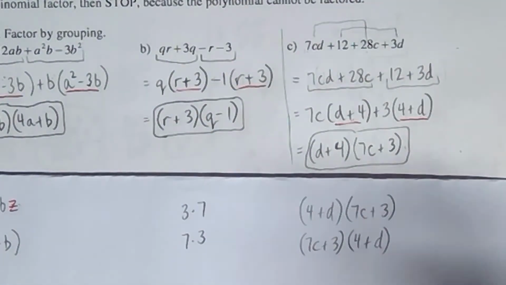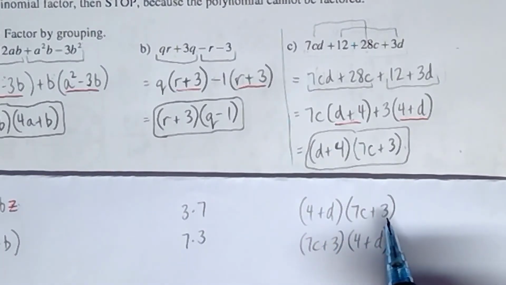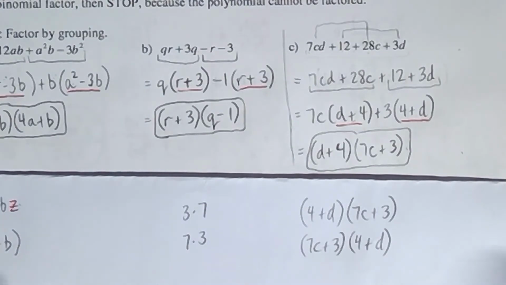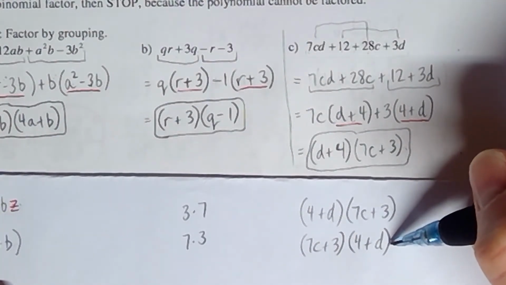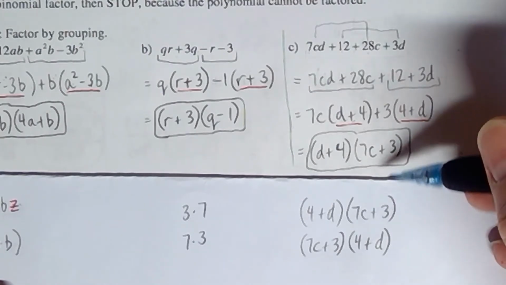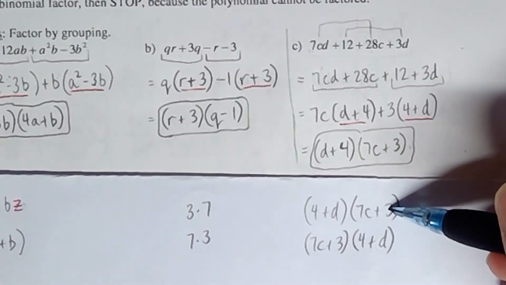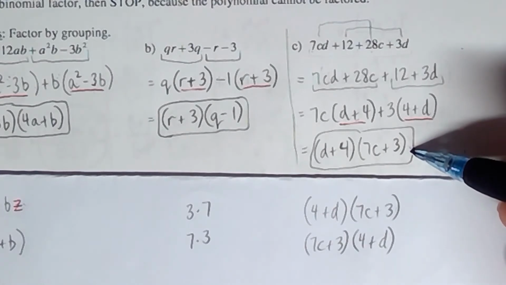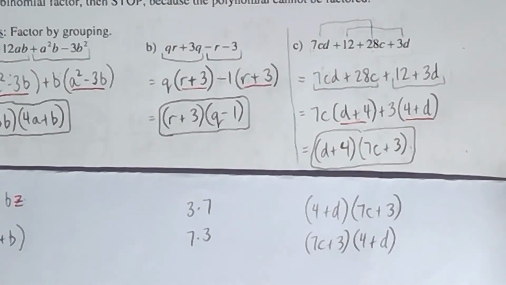It's the same thing when you're multiplying two things, whether they're two numbers or two brackets. If you reverse the two things being multiplied, it's still the same answer. So all three of these things are the same, and all three of them would be an acceptable answer. So don't worry if you get something like this as your answer in the back of the book. It doesn't mean that you're wrong. You're still good.